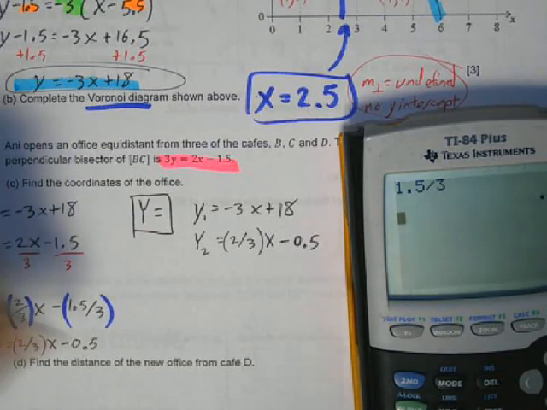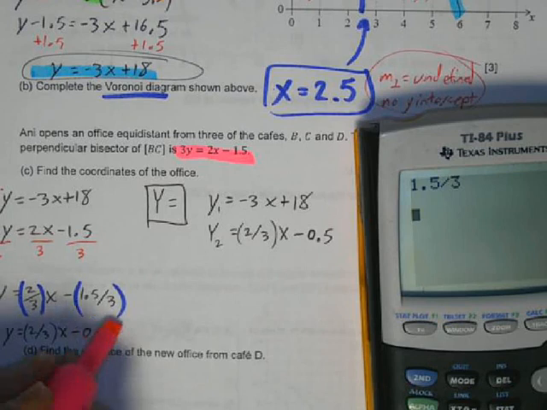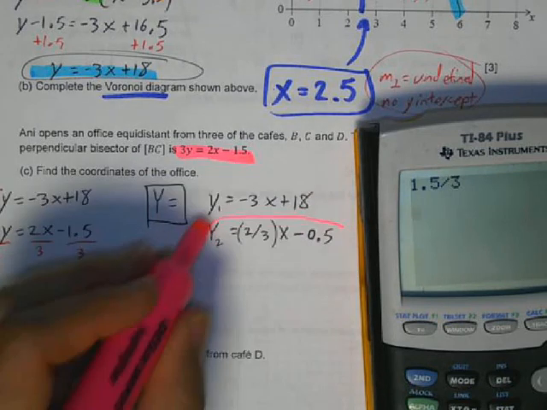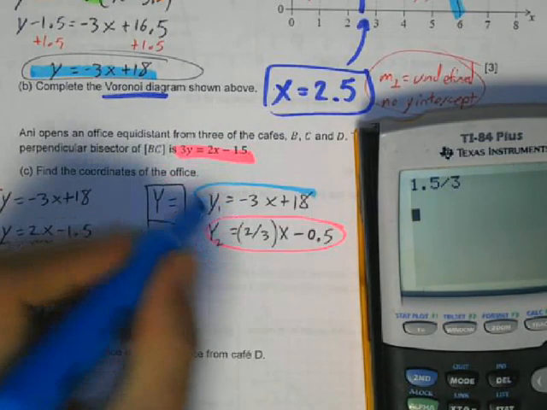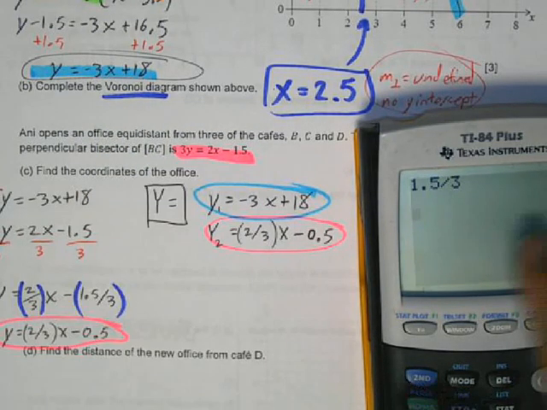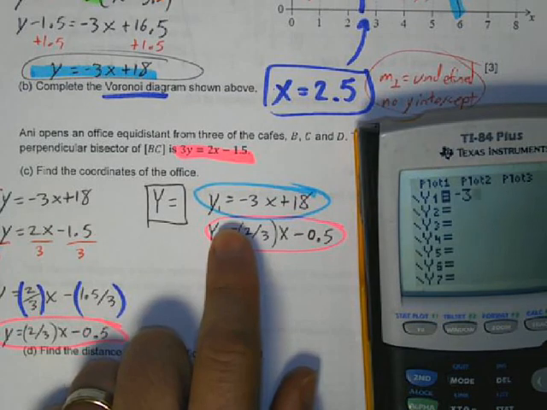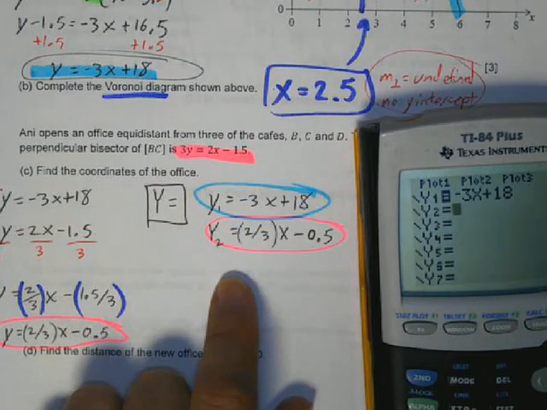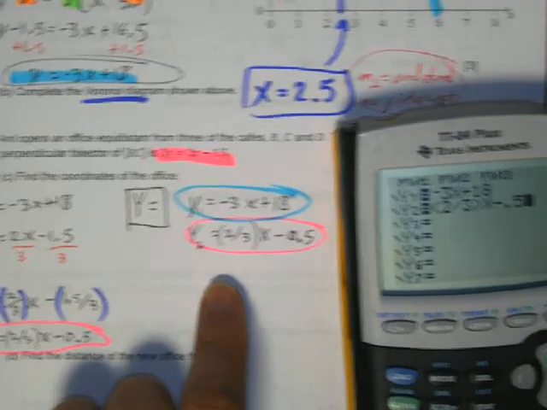So this is the pink equation. This is the blue equation. Okay, so we've typed that in, oh, it didn't save it. What the heck? y equals -3x plus 18, and y equals parentheses 2 divided by 3, close parentheses, x minus 0.5. Okay, I've got the two equations.